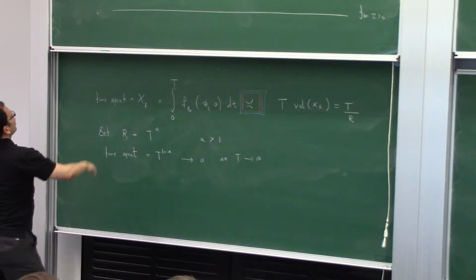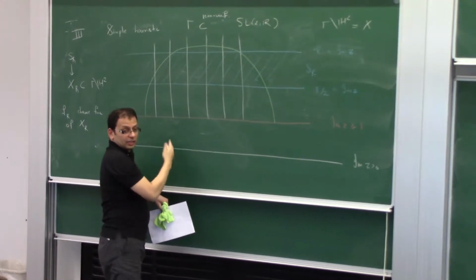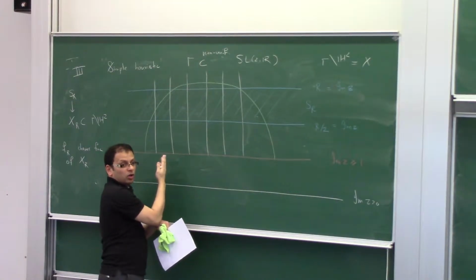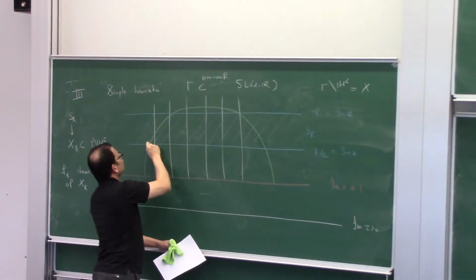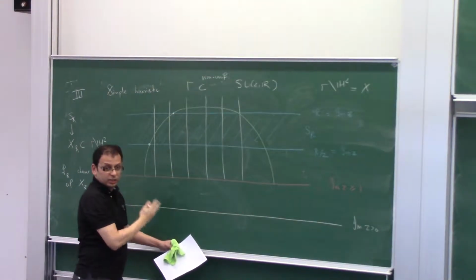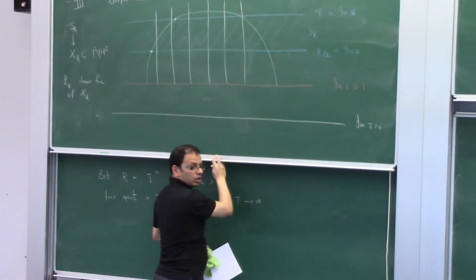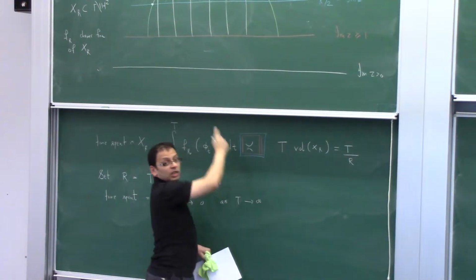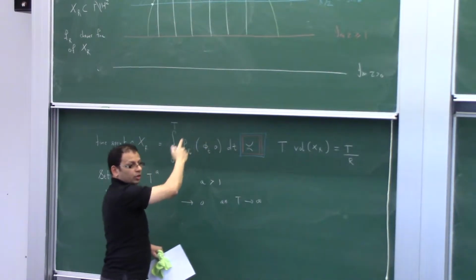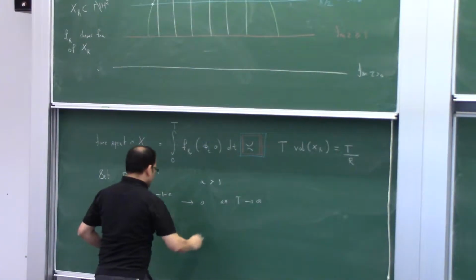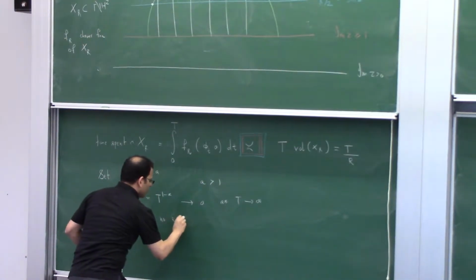Alright, but any geodesic that crosses the blue region has to spend time at least 1/2 log 2 in the blue region. That's just basic hyperbolic geometry. The length of this segment here is at least 1/2 log 2. So if the time goes to 0, that means that our setup does not allow an excursion of that size. Okay? So this goes to 0, which means that for large times, no excursion is possible.